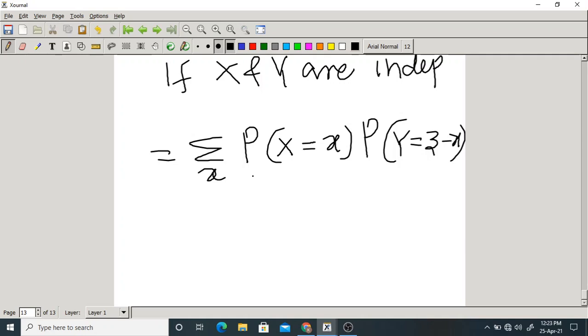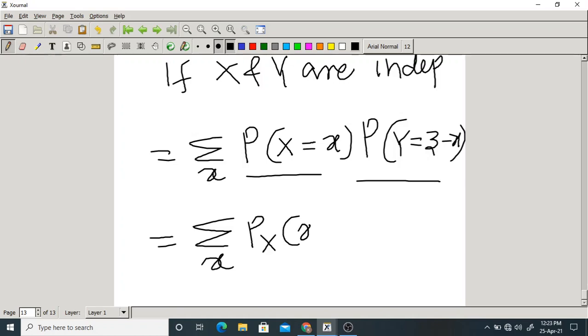Now what is this? Summation over x, Px of x into Py of z minus x. What is this? It is also convolution.